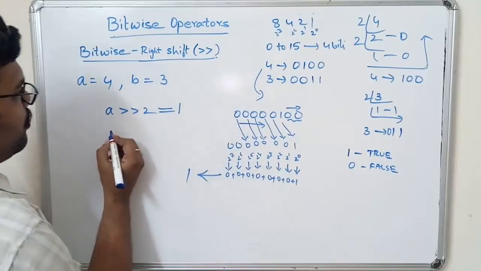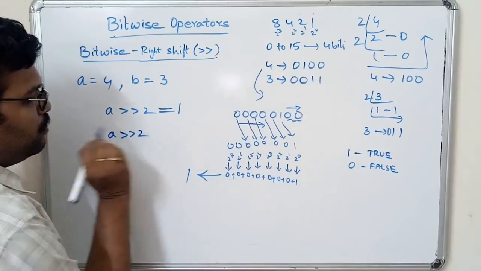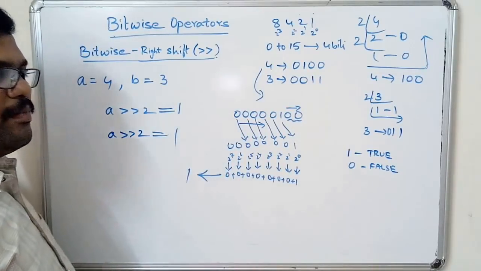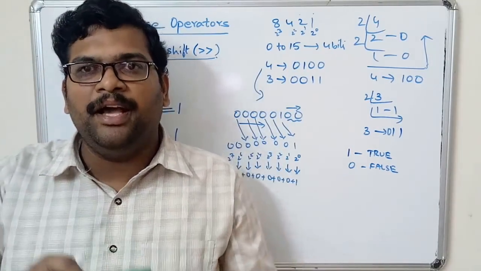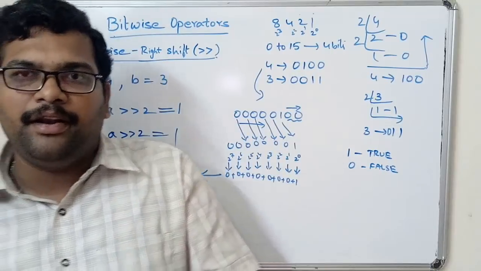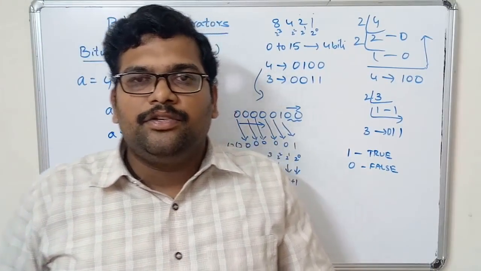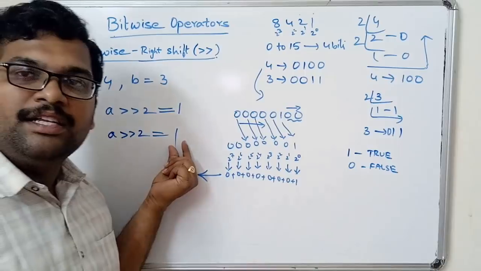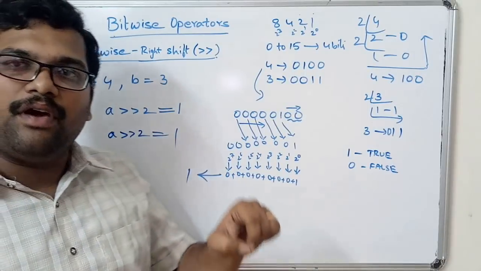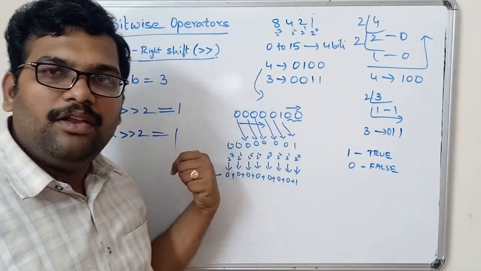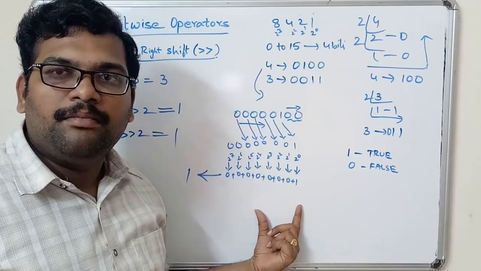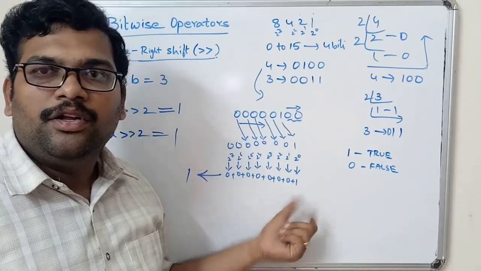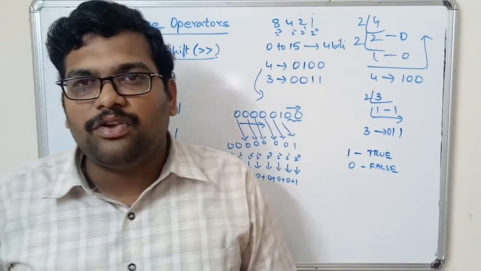If we give a right shift 2, the result will be 1. We only get the result in decimal value, but the procedure, how we get the decimal value, is completely in binary format. Hope you understood these bitwise operators.